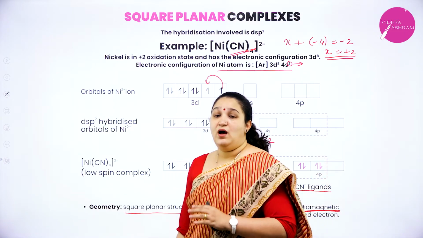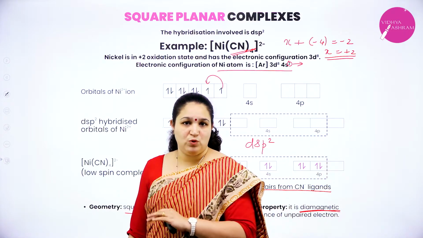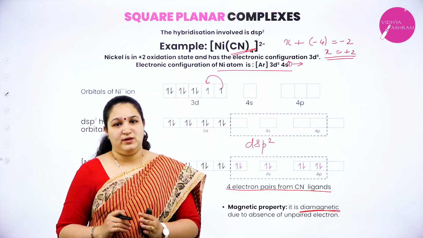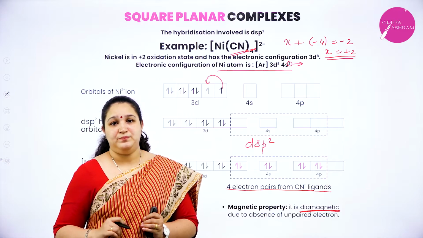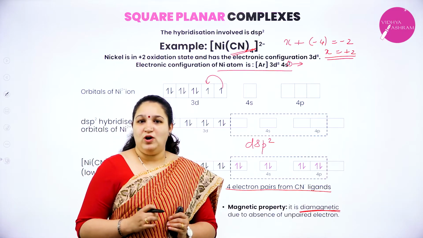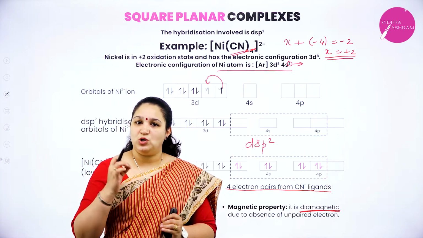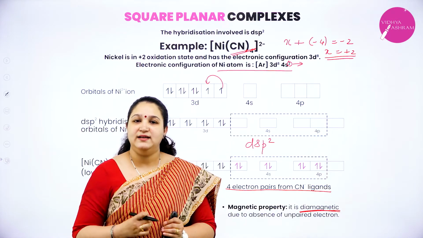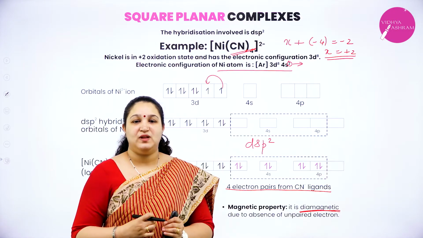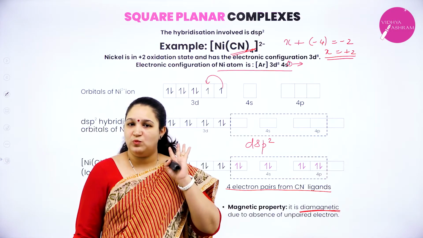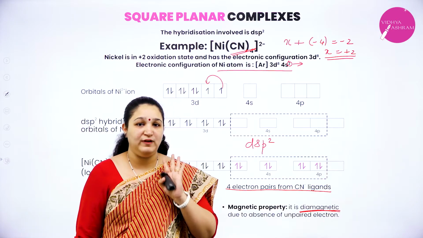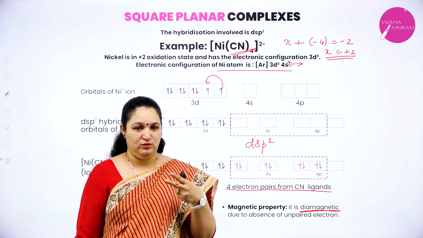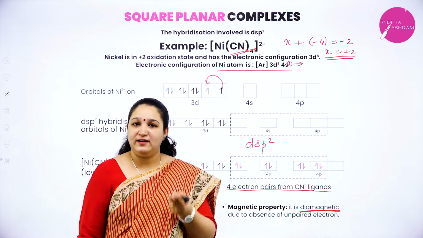Now if you ask me how important these 4 questions are, it is very important. Why exactly? Because I told you all there is one short question which will come from this chapter, and it is this question. Out of the 4 examples which we have taken for VBT, we have 2 examples of octahedral complexes and 2 examples of tetrahedral complexes.